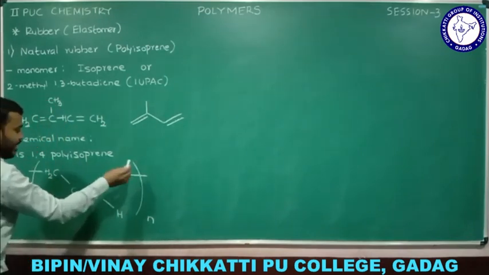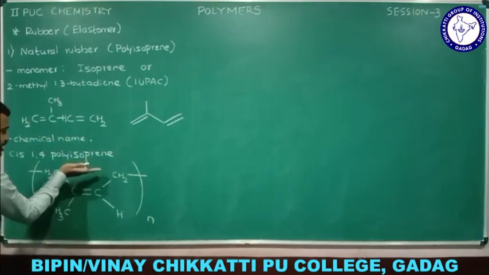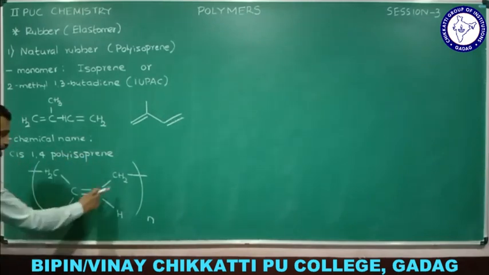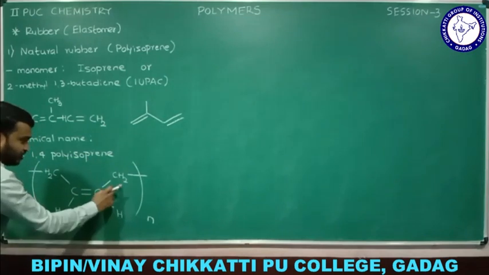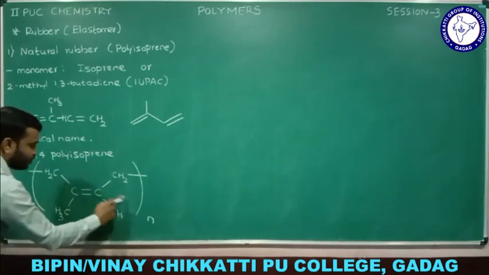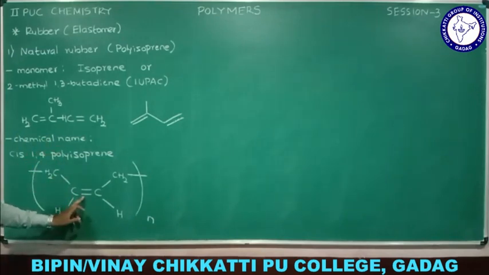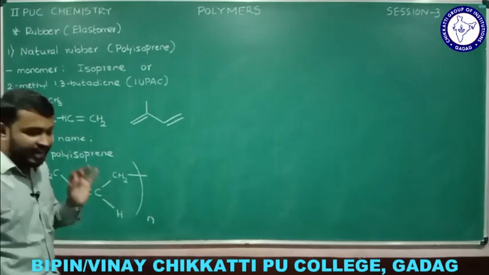So these two groups are present on the same side of the carbon-carbon double bond, and we call it cis. Let us assume if I write CH2 here and H here, then these groups are present on opposite sides of the carbon-carbon double bond, and I say it is trans-1,4-polyisoprene.